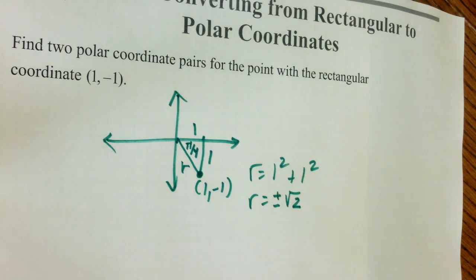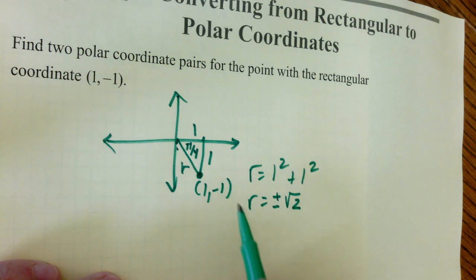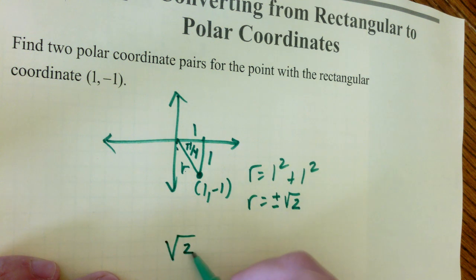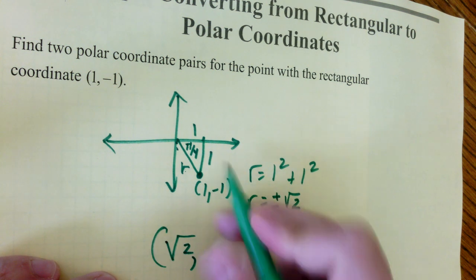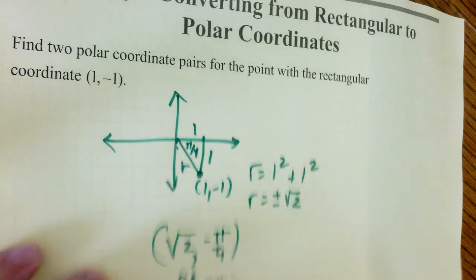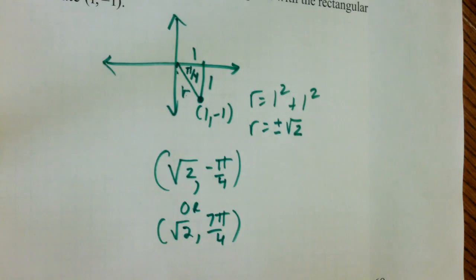And it's always going to be plus or minus when we talk about the radius. This one's going to be positive. The first one's positive. So you're going to get positive square root of 2. And I'm going to say negative pi over 4. If you want, you could also write 7 pi over 4 if you'd like. They're the same angle.